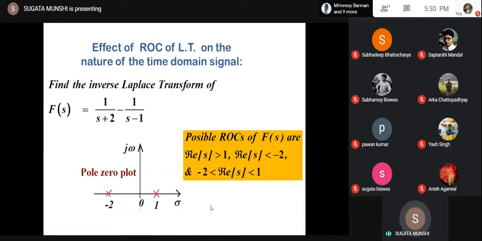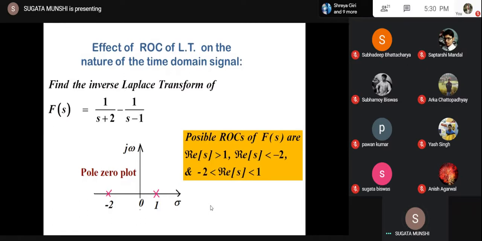No, there is no mention of the ROC of Fs. You know that if the ROC of Fs is not given together with the expression for Fs, it is not possible for you to do the inverse Laplace transformation without the knowledge of the ROC.